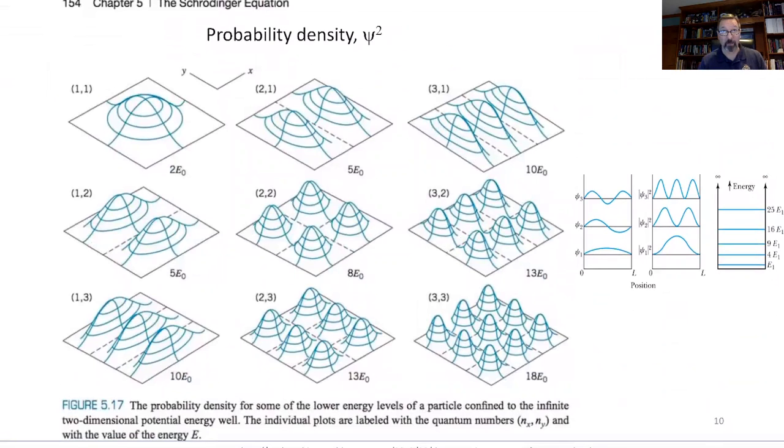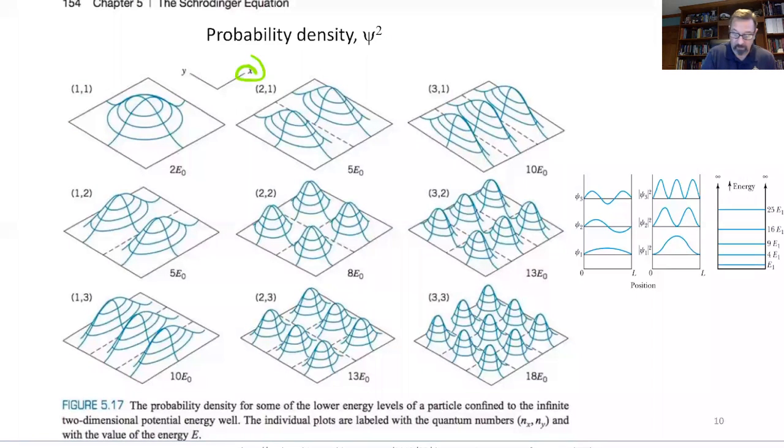We square it, right? And if you square it, it becomes positive everywhere. So even the things that were troughs become peaks again. And hopefully you can see 1, 1, 2, 1, because x is one direction. Pay attention to where the x direction is. Y is the other direction. 2, 1, 3, 1. 2, 2. If you square it, you just literally count the peaks along that direction, don't you?